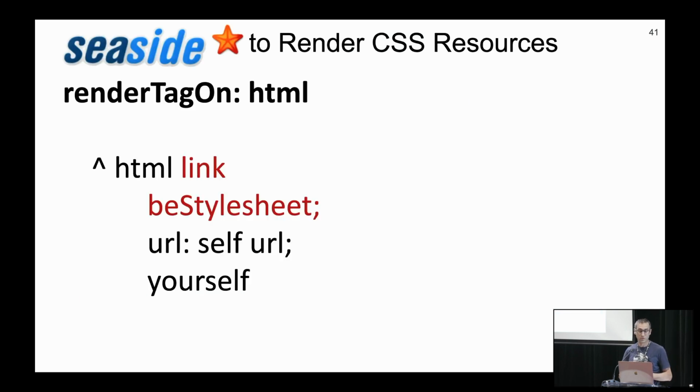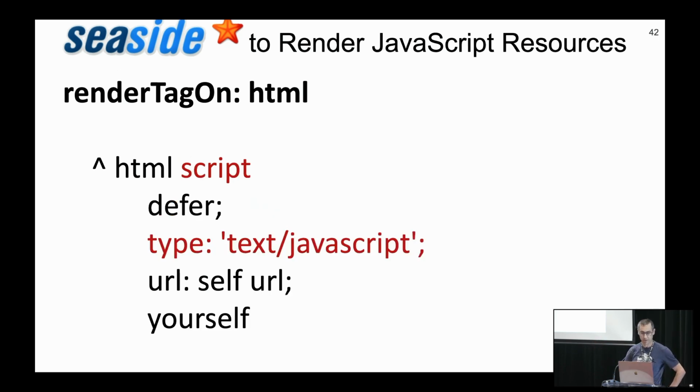So when you render the CSS resources, again, thank you, Seaside. There is already something related to that. So we say, okay, I want a link, and it's a style sheet, and this is the URL, and done. Nothing to do. Lazy, perfect. And if I want to import extra JavaScript, again, same thing, and you will have it.